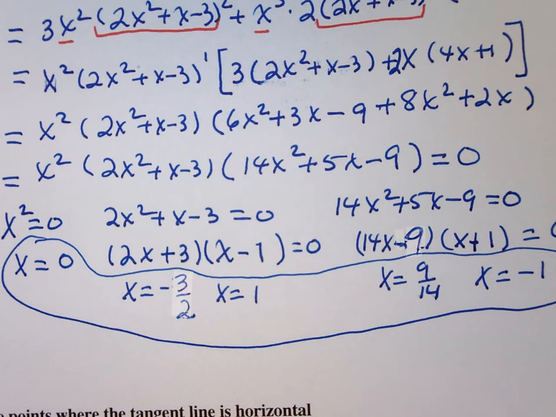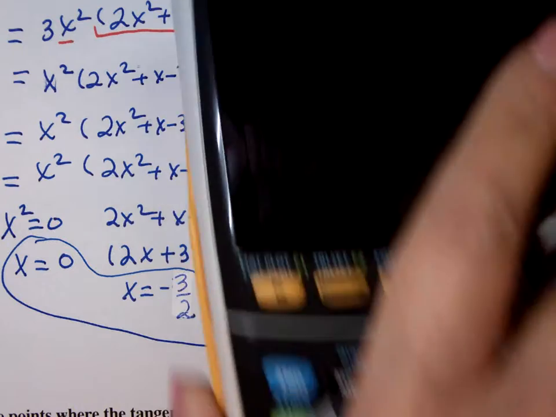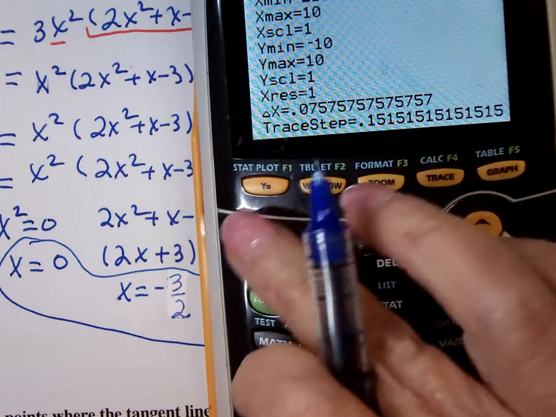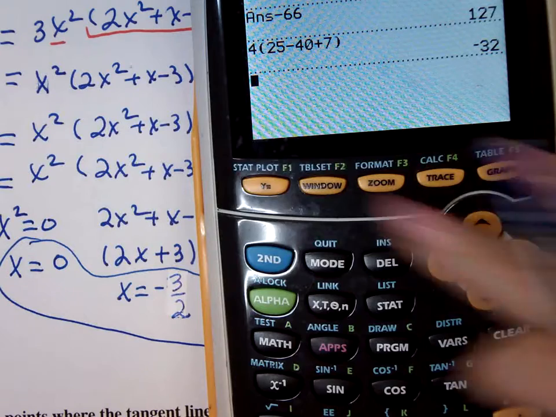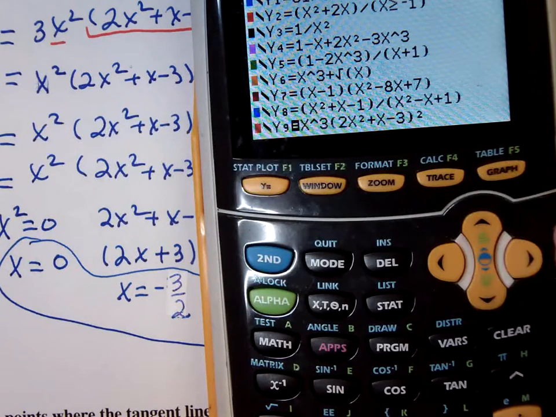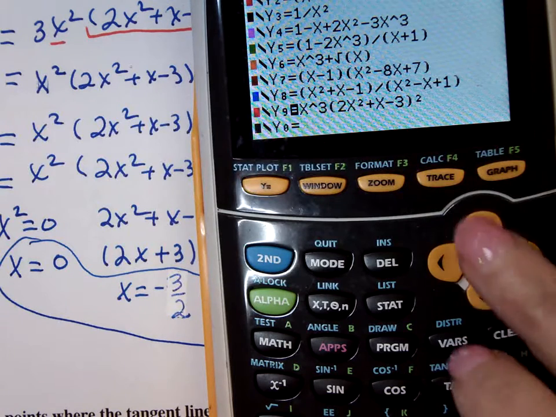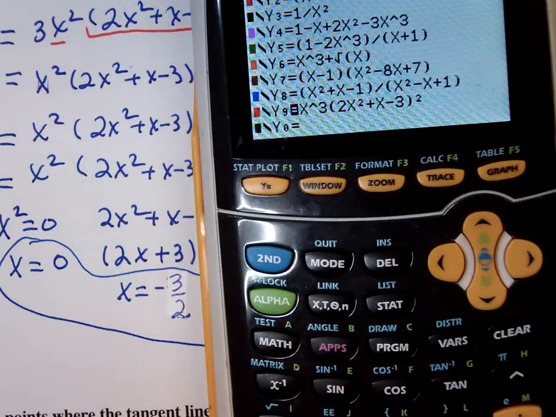I'm screwy enough to ask you other things. Now, if you take your calculator, one thing that we do in college algebra is to put in the function. These are all the stuff that I've done in class. And there's the original function.